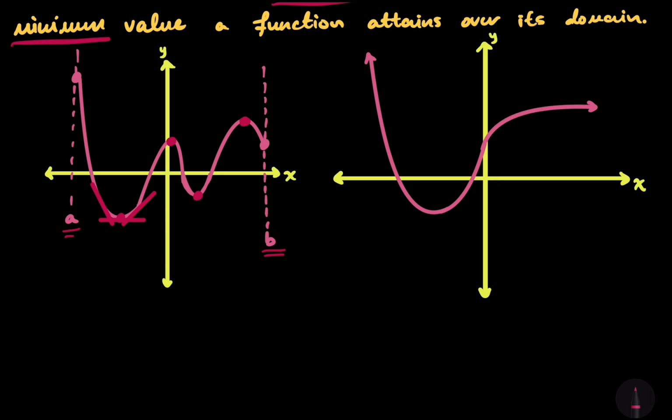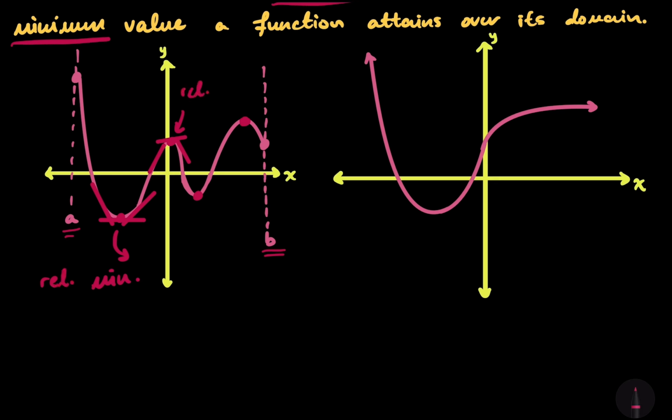Because of that, we can say that over here we're going to have a minimum point, a minimum value. Let's take a look at the next couple of points. At this point, we're increasing, we reach our horizontal tangent, and then we start decreasing again. So let me write relative minimum, and here we'd have a relative maximum.